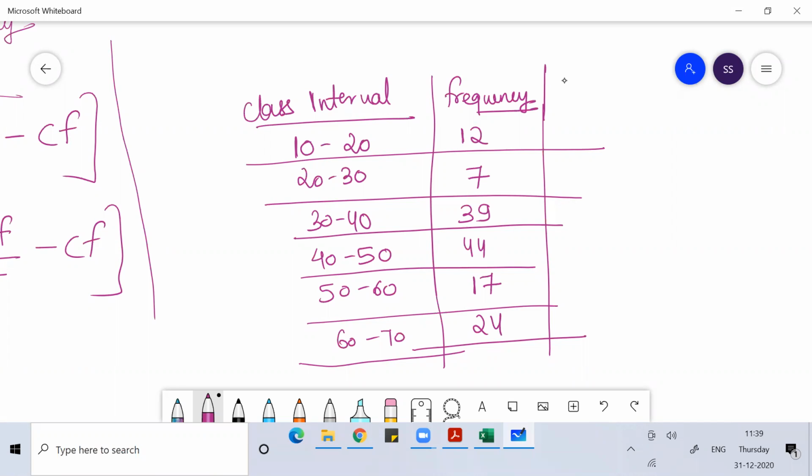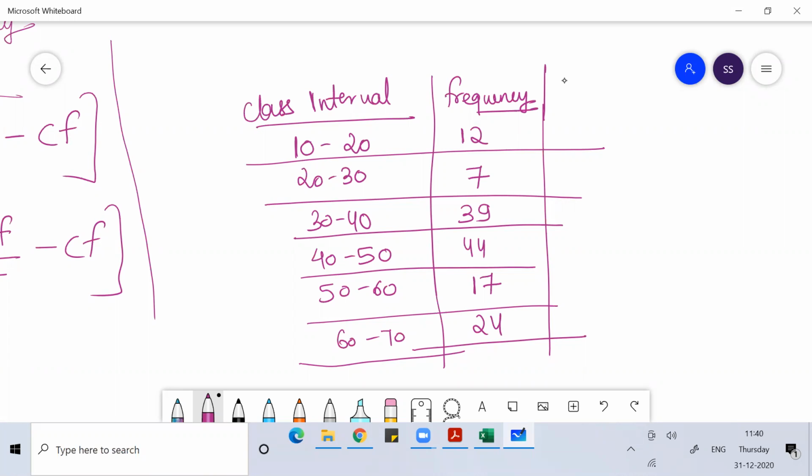Everyone first write down this problem. Okay, everyone, I guess everyone has written down this problem.